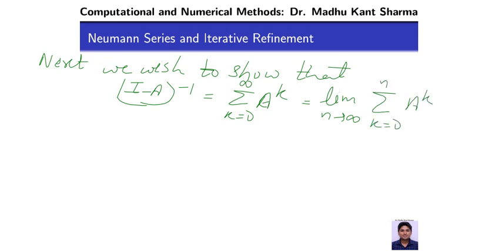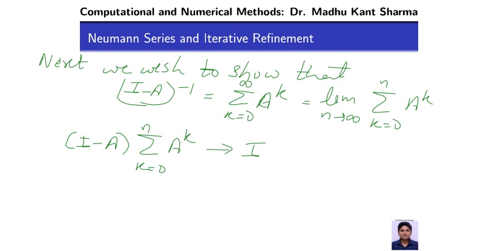So this is the limit of the partial sum. So what I will show is that (I minus A) times the sum over k equals 0 to n of A^k converges to I. If I show this, then I am through. If you multiply both sides by I minus A, since this is a constant matrix not depending on k or n, it can be taken inside, and if I show that this is equal to I, then I am through.